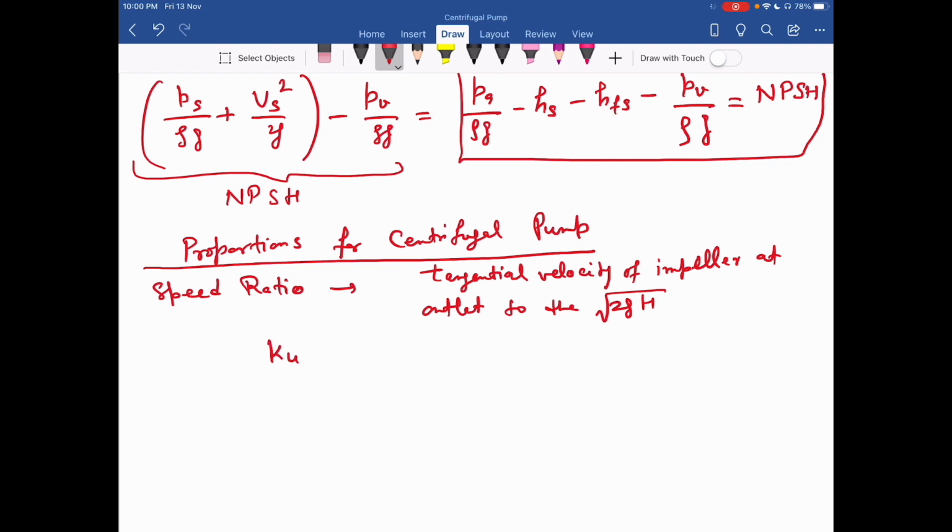So I can write this speed ratio is equal to UO divided by under root of 2gh. So this is the speed ratio for centrifugal pump, and its value lies between 0.95 to 1.30.